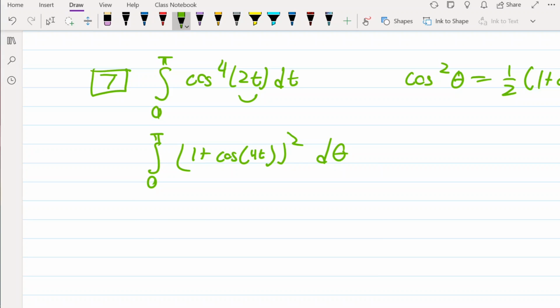And I just need to restart this again, because I forgot the 1/2.